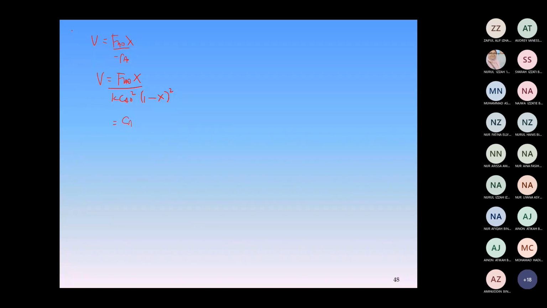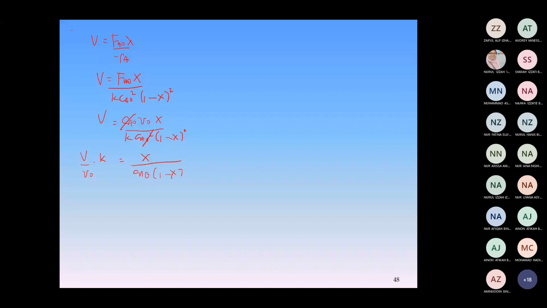So it becomes CA naught V naught times X over KCA naught squared (1 minus X) squared. So this is V, and what remains here is V over V naught times K, so X is equal to the expression divided by CA naught K (1 minus X) squared.